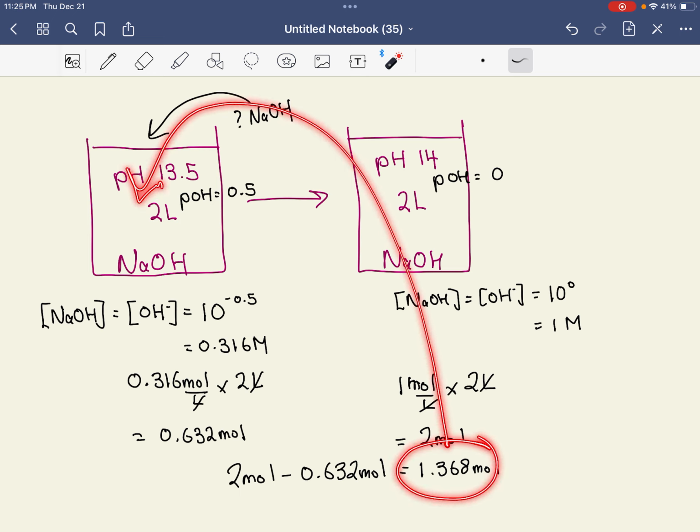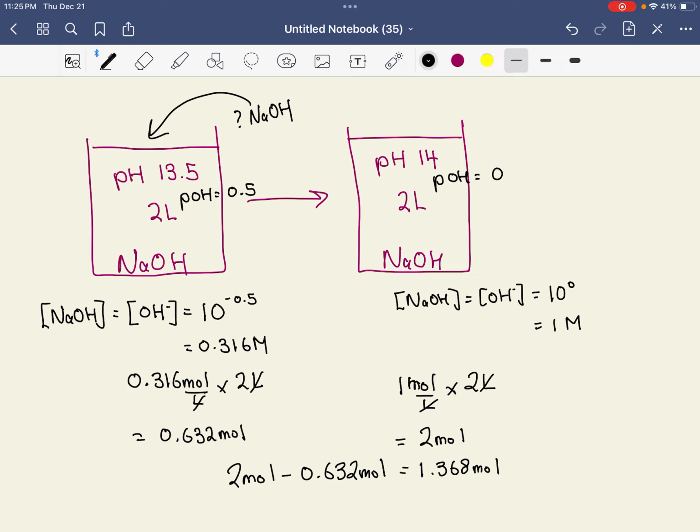But does that sound ridiculous? When have you ever asked people, hey, drop 5 mole in here? No. You drop 5 gram in here. So to finish this question, you might want to convert mole to mass by multiplying it by the molar mass of NaOH, which is 40. I hope it's 40.